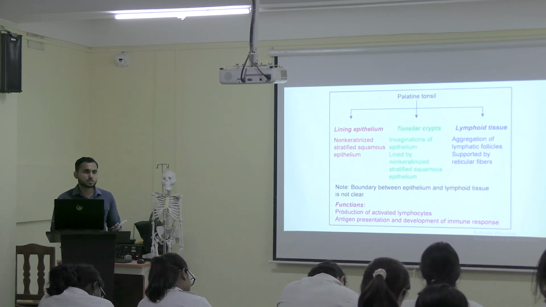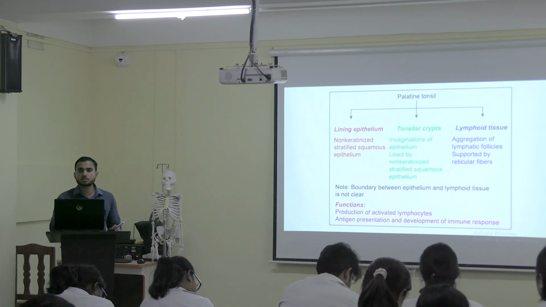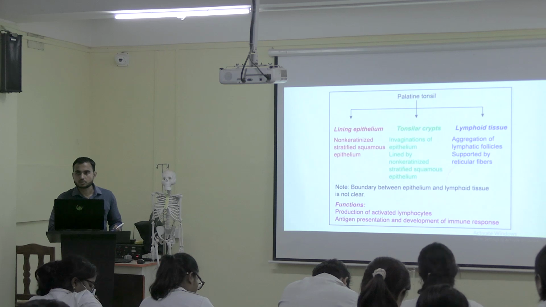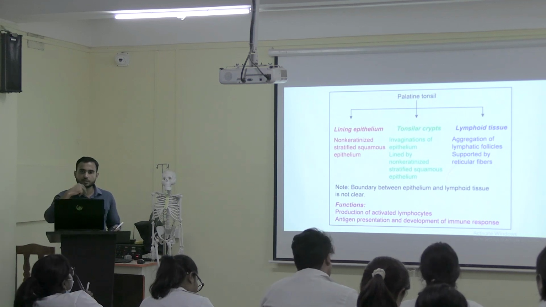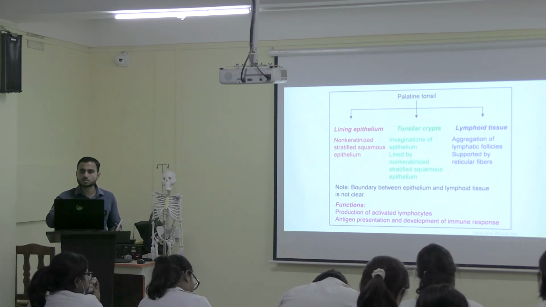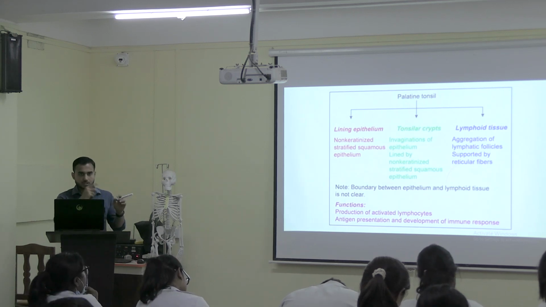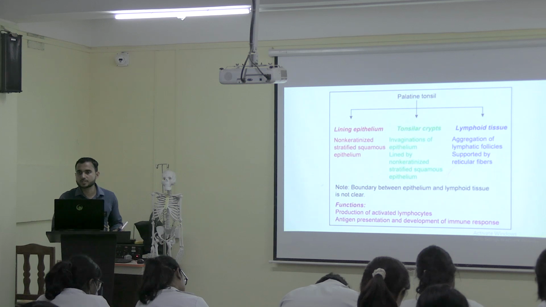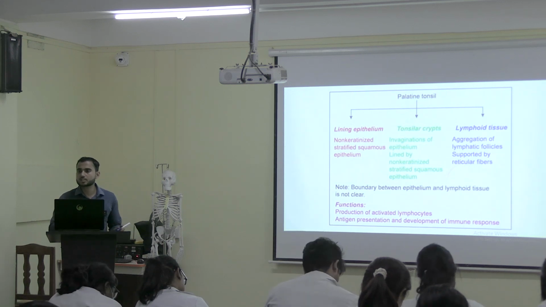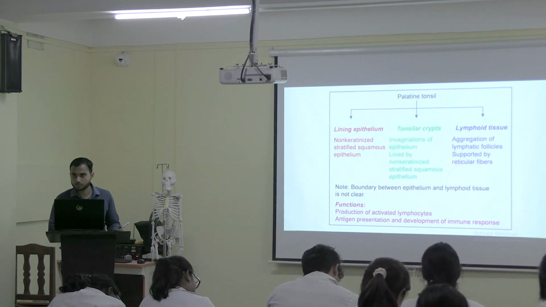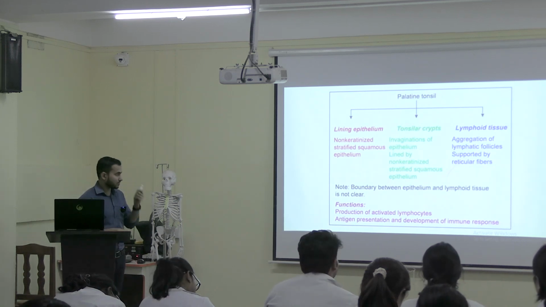Mostly pathogens enter our body through inhalation, because every time you inhale, the air has to pass through the oropharynx. In that part, this aggregation of lymphoid tissue is present, providing the first line of defense against any pathogen entering the body. That's why the tonsil is very important.